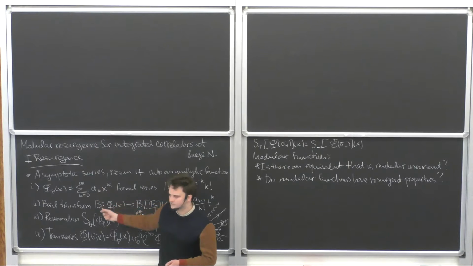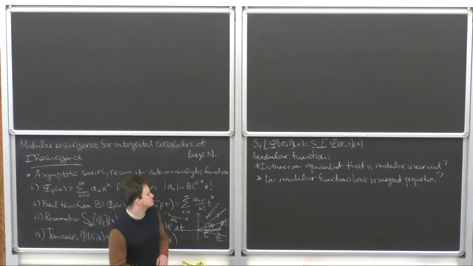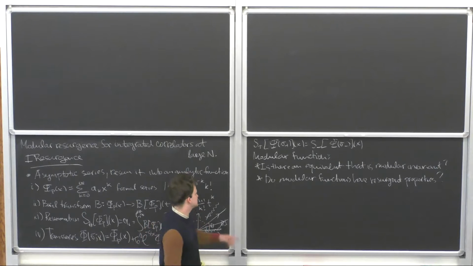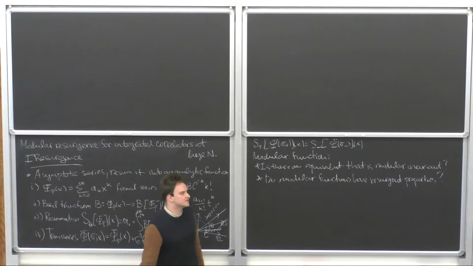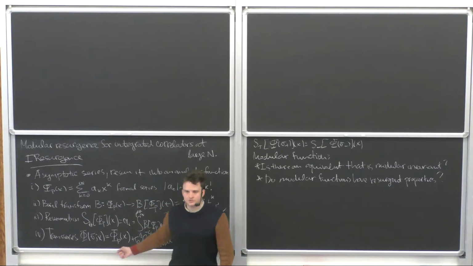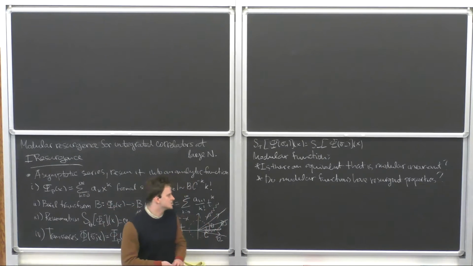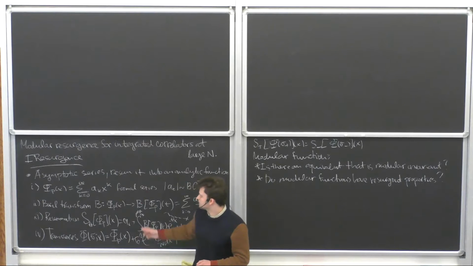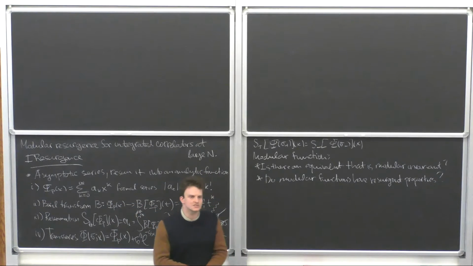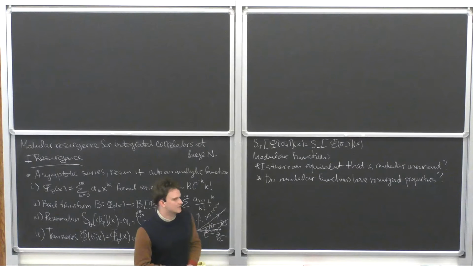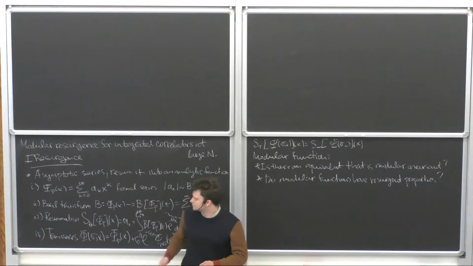I can repeat all of this analysis for this function, but of course what I'll get in the end isn't really in any sense meaningful. So what I'm asking is, is there something about modularity which enforces that this structure really gives you the correct answer? For an example, in the original work of Écalle, he used the fact that these functions come from certain differential or difference equations, and that gave him the necessary tools in order to prove this.